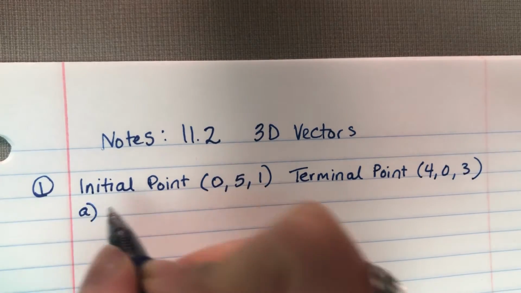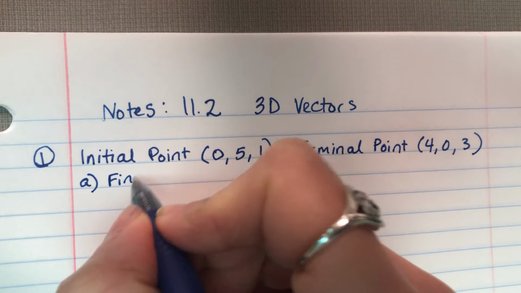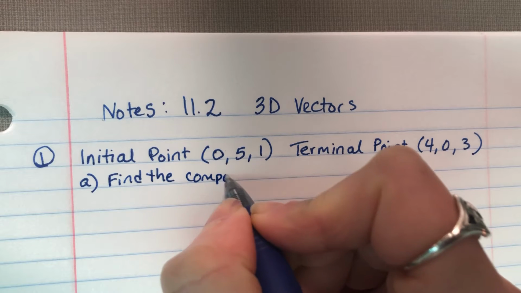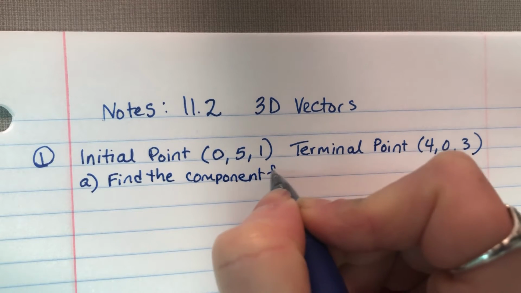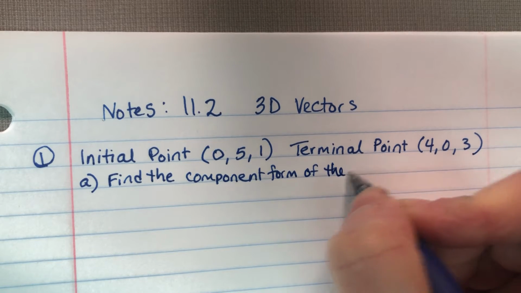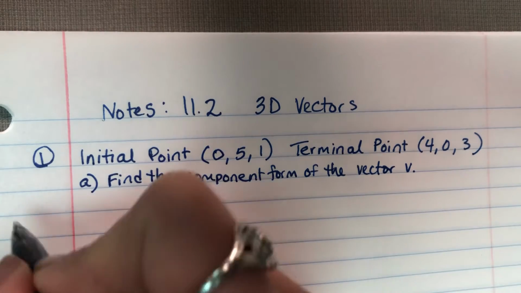And here are our directions. First, we have to find the component form of the vector v.